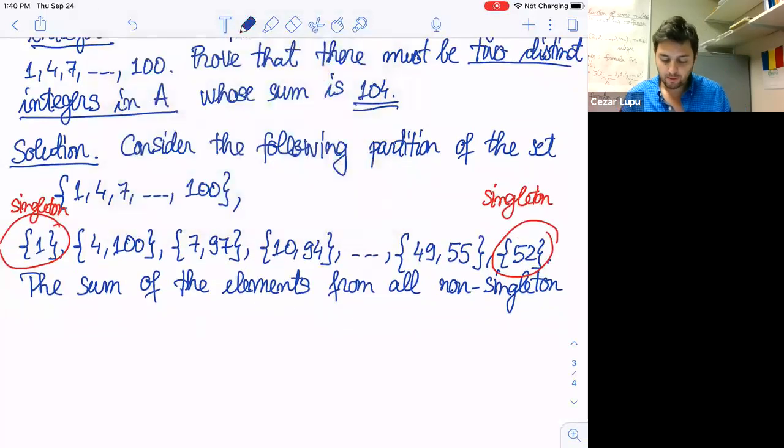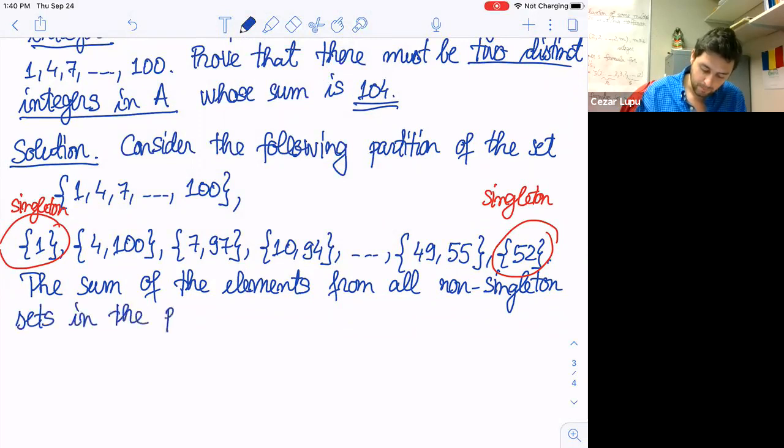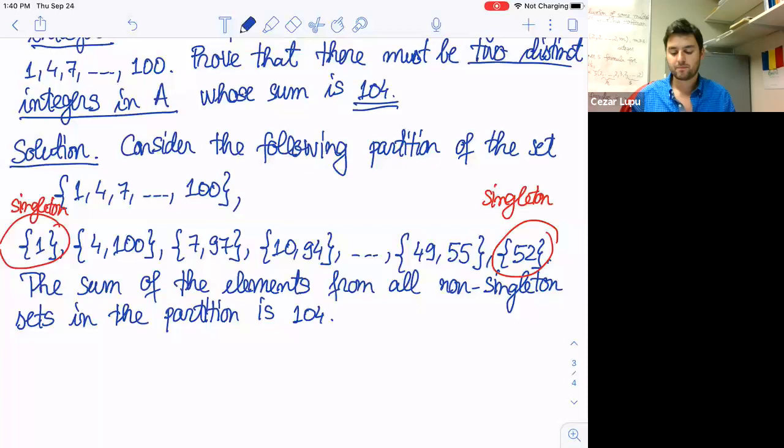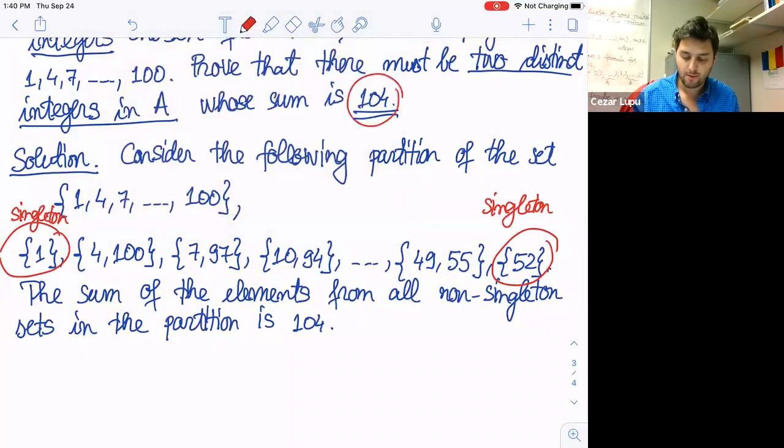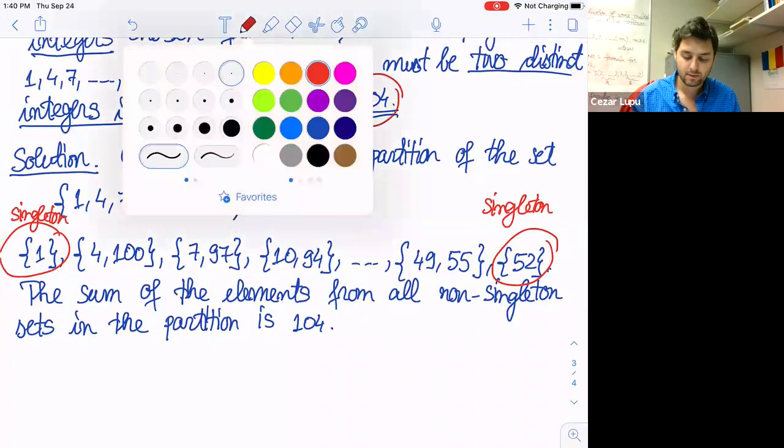So the sum of the elements from all non-singleton sets in the partition is 104. Well, that's obvious, right? Keep in mind that this is what we have to show.